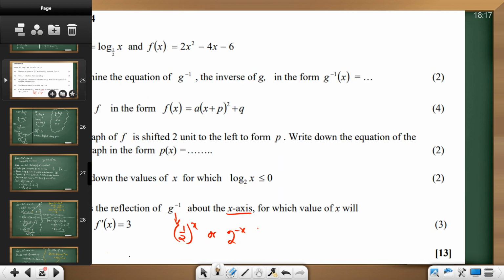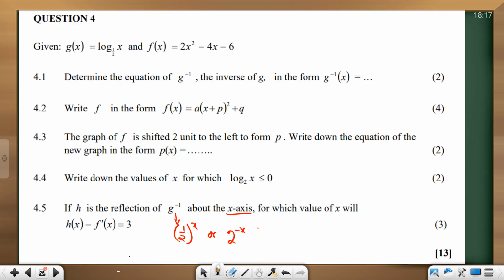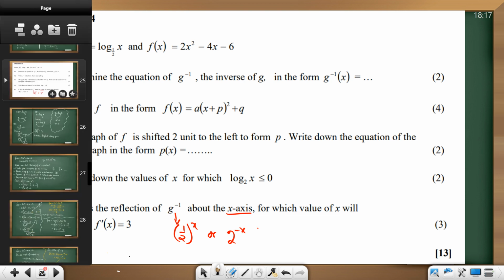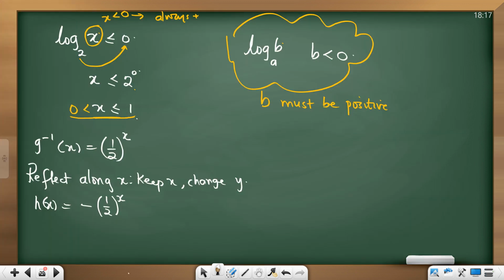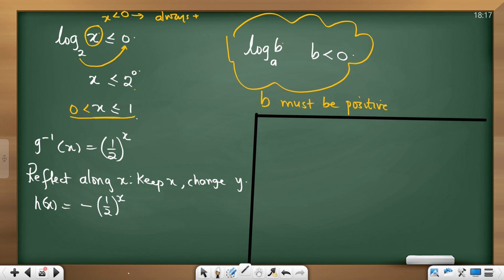And I'm going to ask you to do something for me now. For which values of x will h of x, which is our new function, minus f prime of x be equal to 3?